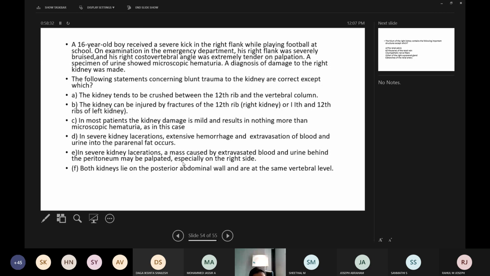A mass caused by extravasated blood and urine behind the peritoneum may form, especially on the right side. Both kidneys lie on the posterior abdominal wall and are at the same vertebral level. So which among these six is wrong?